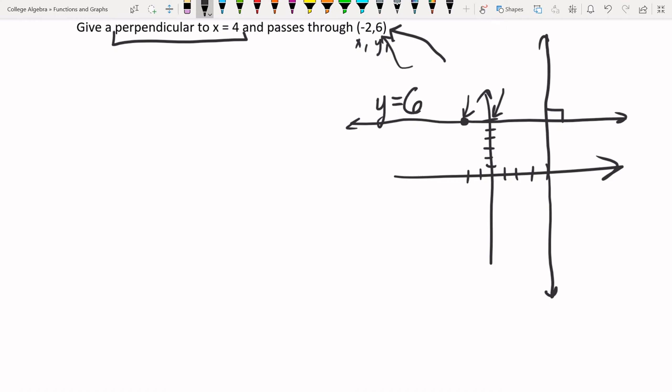You can tell they are perpendicular by thinking about y equal to 6 as the same thing as y equal to 0x plus 6. And 0 we can think of as 0 over 1. And then the perpendicular slope is like having 1 over 0. Of course, negative reciprocal doesn't quite work in this way because we're dealing with undefined slope, but you see how they're flipped. 0 times negative is 0 still, so the negative just goes away.